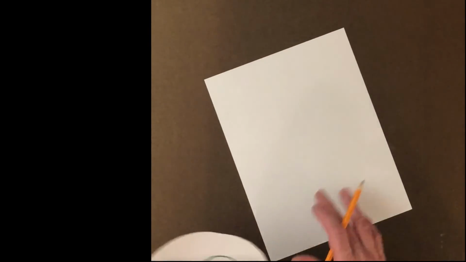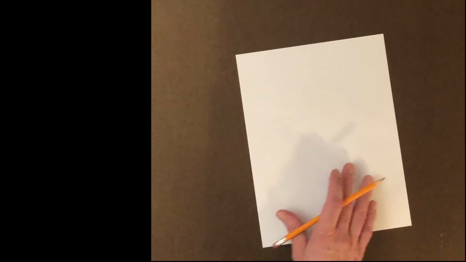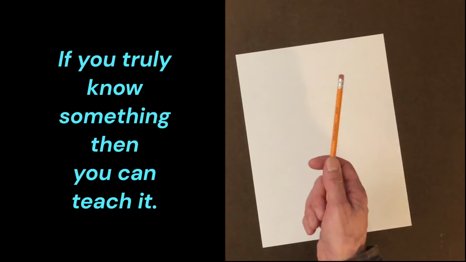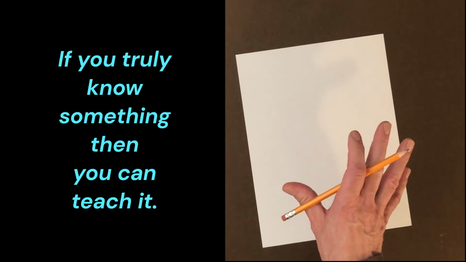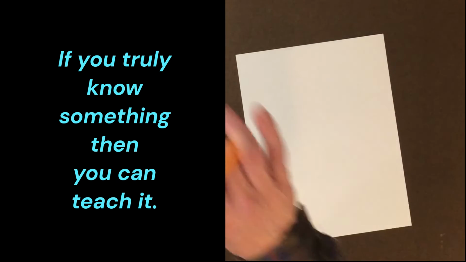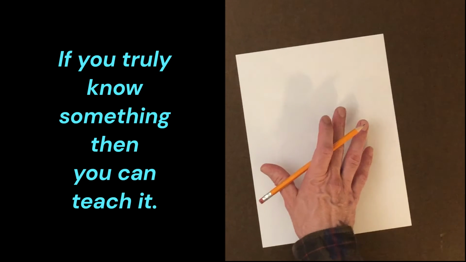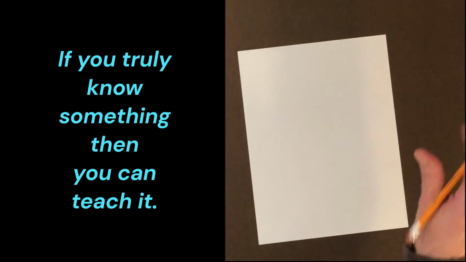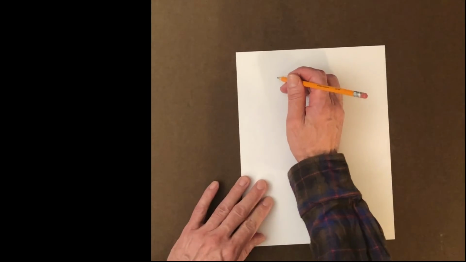But this is also something you can do if you have people you're teaching and they're struggling with it. You teach it, they understand it, but then they forget. If you truly know something, you can not only know it and use it, but you can teach it, and you can teach it without any reference or cheat notes. So if you think you know this, you should be able to do this.